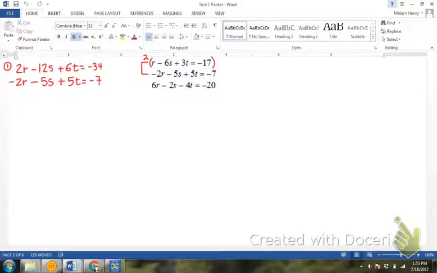You know what's next. Go ahead and add your 2 rows together. Very carefully, please. Because one missed sign or one wrong number can mess up your entire problem. And then it becomes very frustrating.